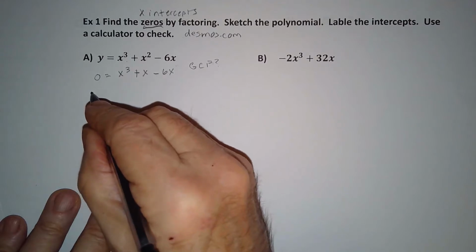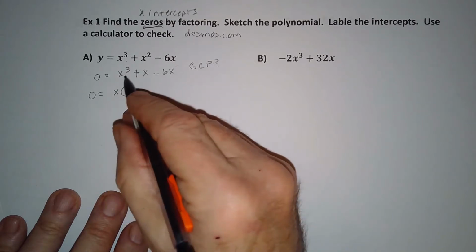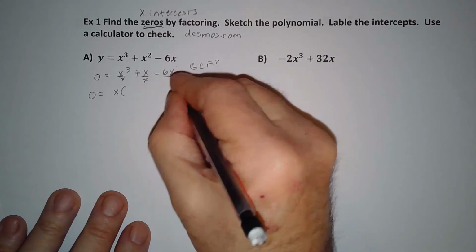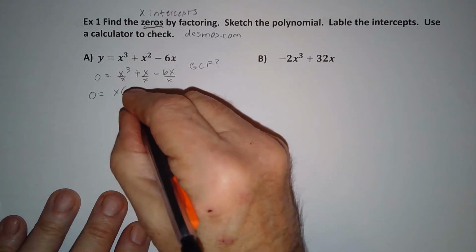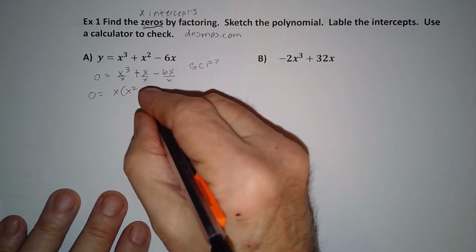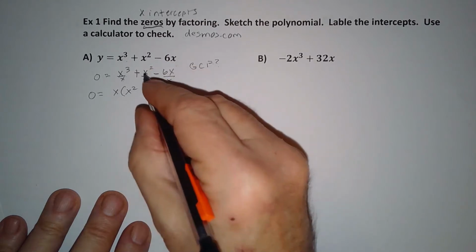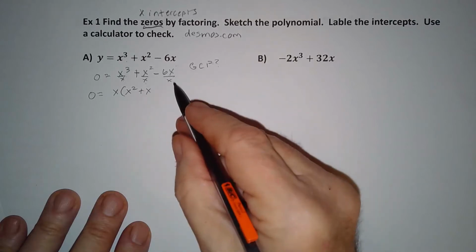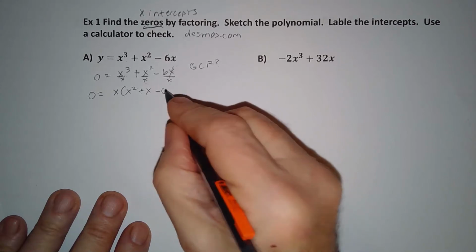We'll do 0 equals x times, now we take an x out, it's just the same as dividing by x here, x here, and x here. Here you've got x cubed divided by x, which is x squared. x squared divided by x just leaves us with 1x, so plus x. And then you have negative 6x divided by x. The x is canceled because x over x is 1, so you have negative 6.